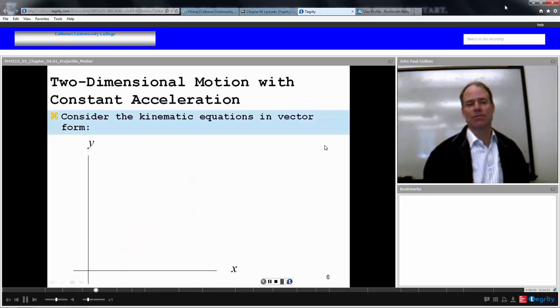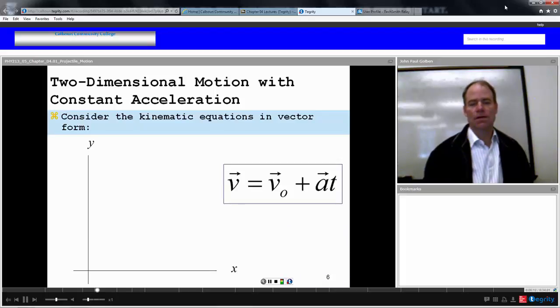Alright, so we define these kinematic variables in vector form. Here's our first kinematic equation, number 1, in vector form: final velocity equals initial velocity plus acceleration times time.